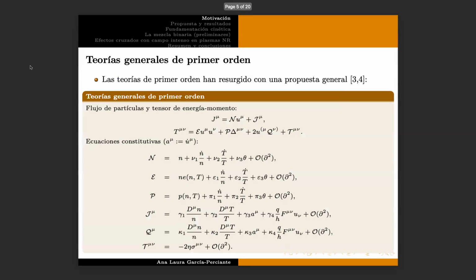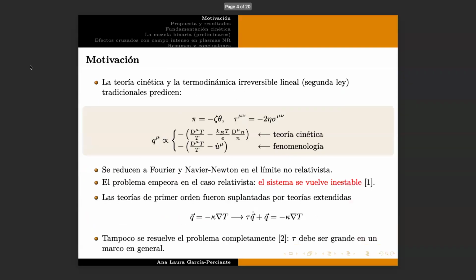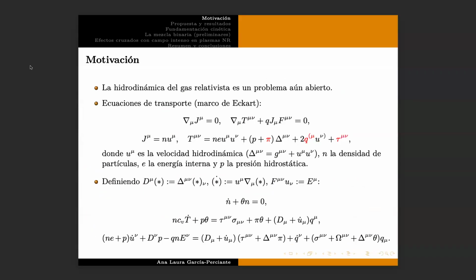Actually, you can see that from the first one over here. The continuity equation is always equal to zero, but these quantities over here are second order in derivatives. So these two terms are second order in derivatives, and the same with these ones over here. So I can add a multiple of this or a multiple of this to the constitutive equation and still retain the first order in derivatives.